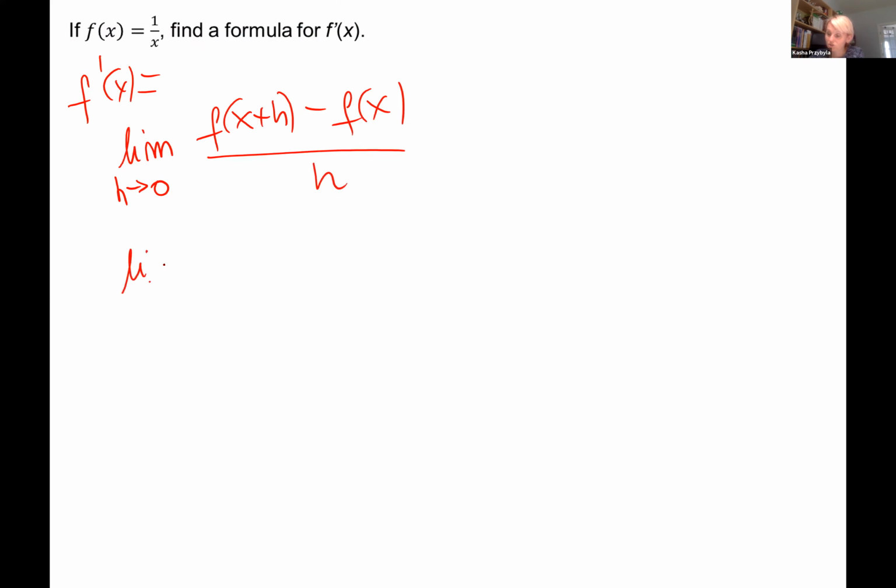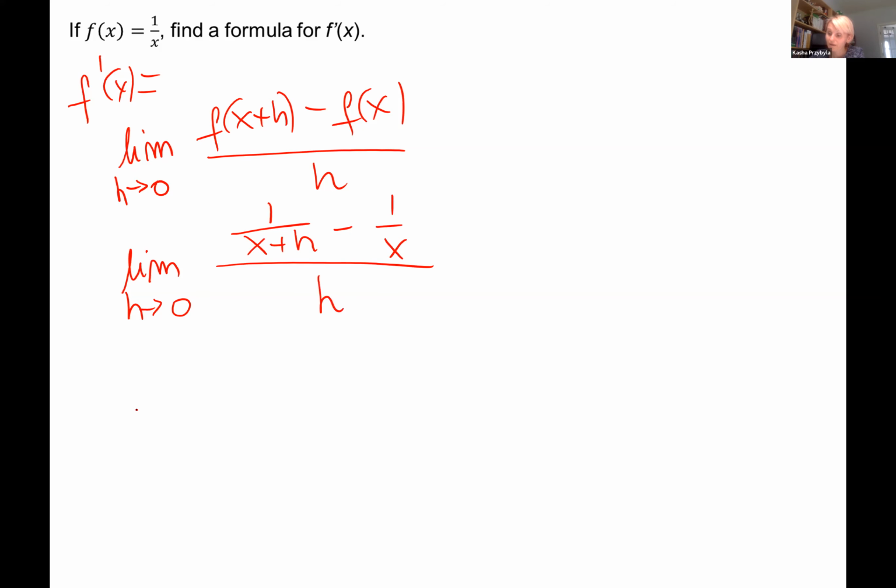And then we will try to evaluate. That was almost the same question, different function, but the same concept on the midweek quiz. We will put 1 over x plus h, minus 1 over x, all over h.